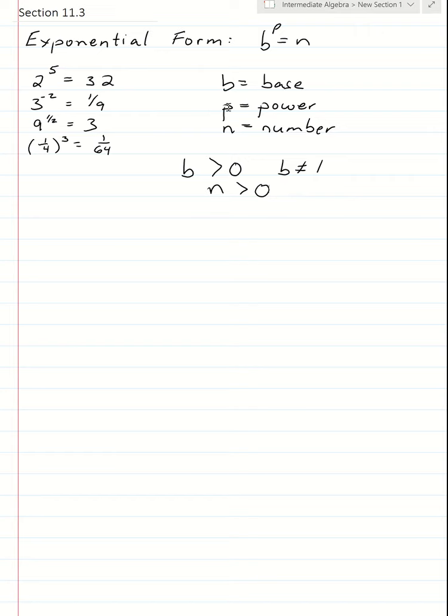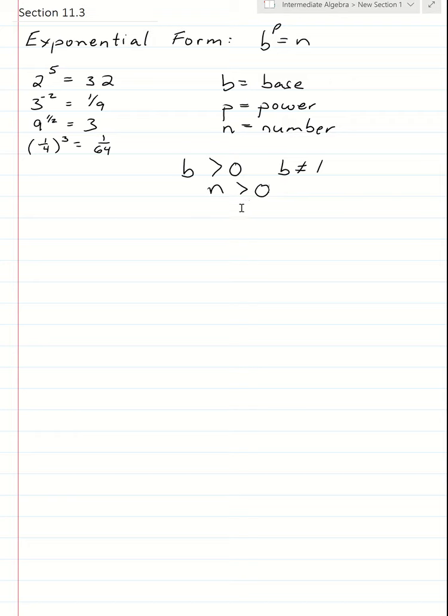The power that we are raising our base number to could be positive or it can be negative. Doesn't make a difference. What does matter is the base, once again, must be a positive number, any positive number except the number 1, as well as the number that it equals must also be a positive number.